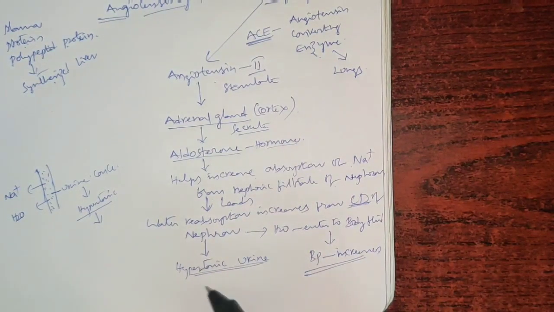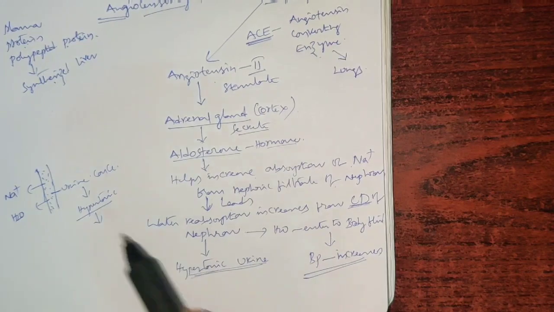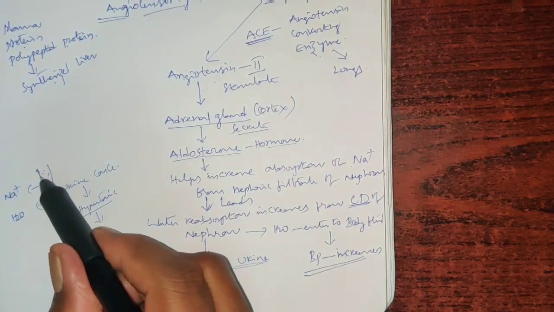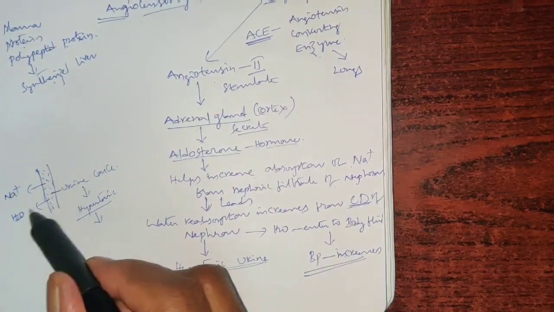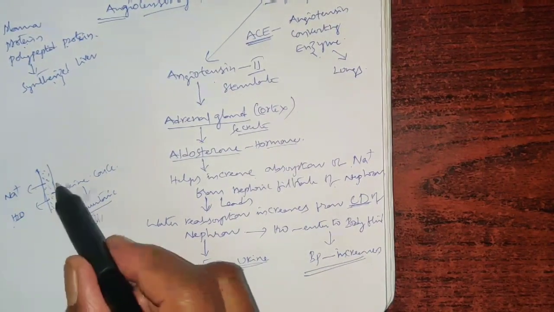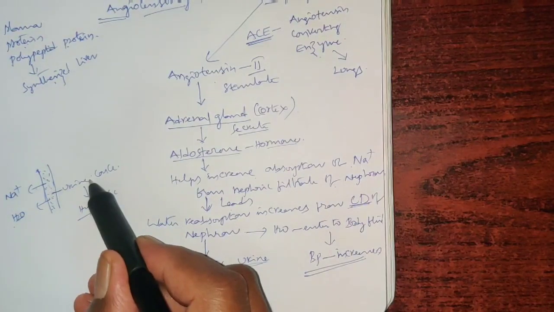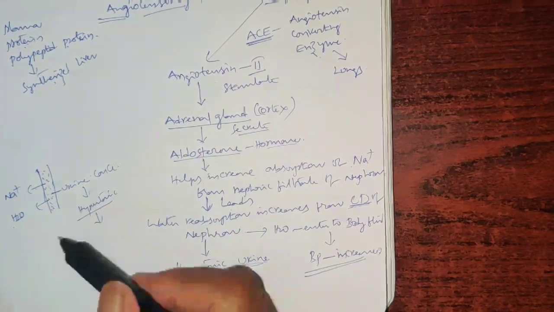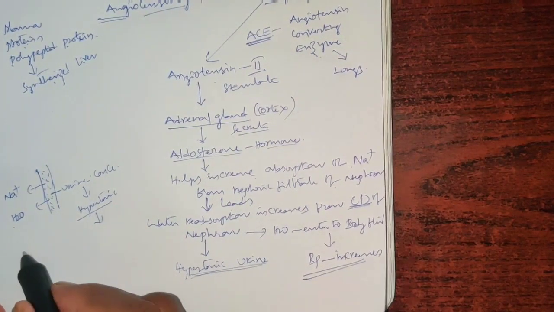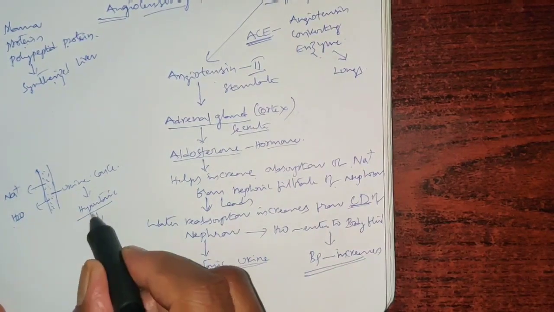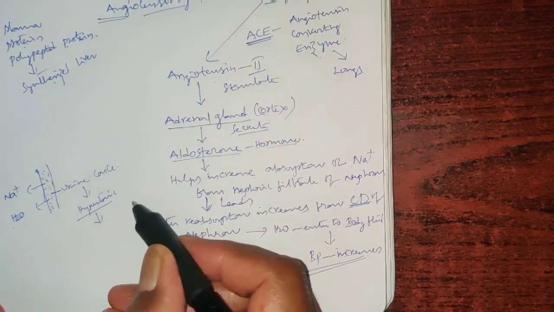So thus the urine becomes hypertonic. Sodium ions are reabsorbed, water molecules are reabsorbed, so the urine becomes concentrated. This concentrated urine is nothing but hypertonic. Under these conditions there is hypertonic and hypotonic urine, depending on the levels of water.